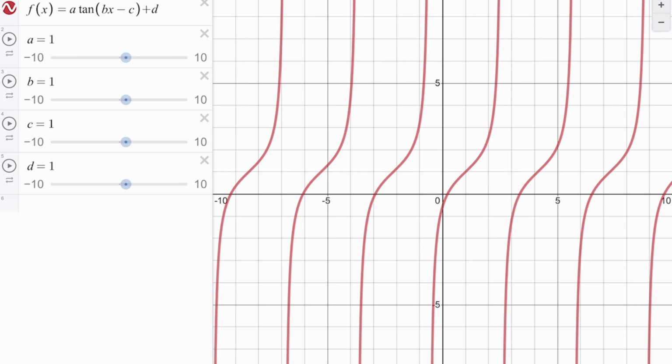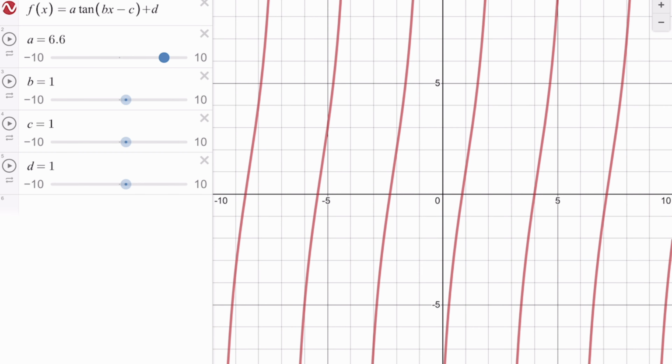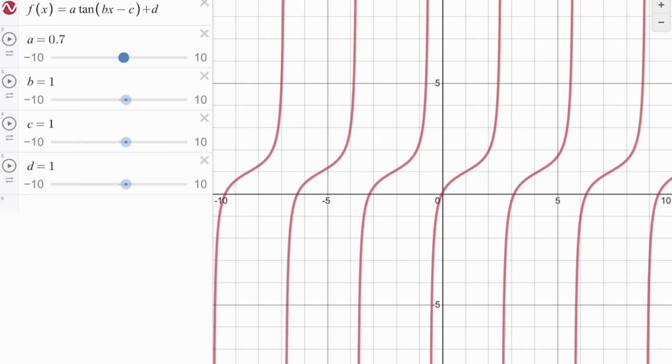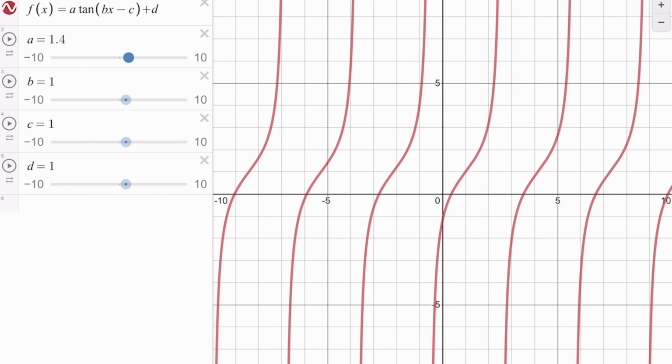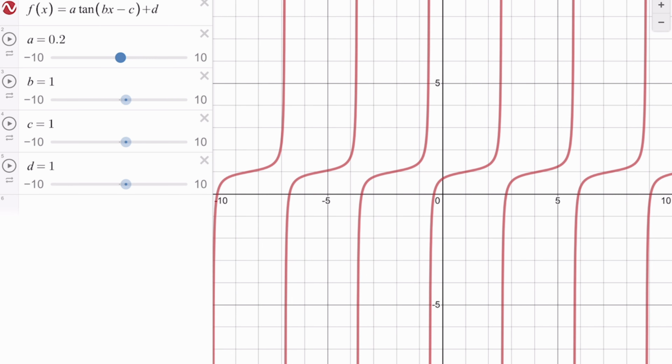And hopefully you can also see that we have our standard form plugged in, a times tangent of (bx minus c) plus d. Now, if you adjust the a value, you're going to see that it looks like it's going up to a straight line, all right? Whoa, there we go. We're going to get that negative value. And as you go between 0 and 1, you're going to see that it kind of flattens out, all right?